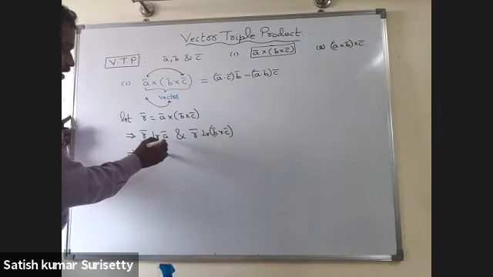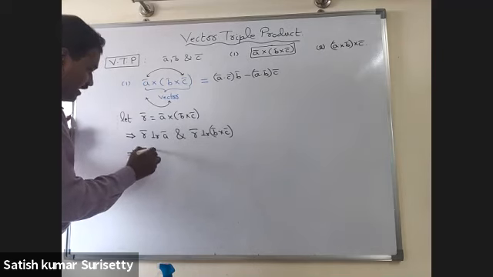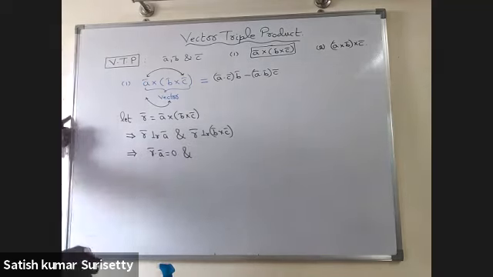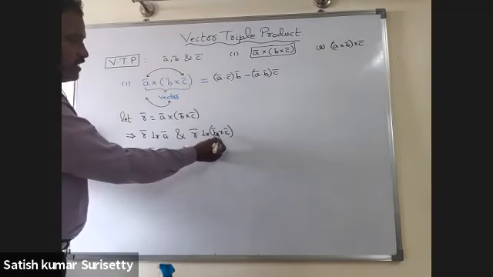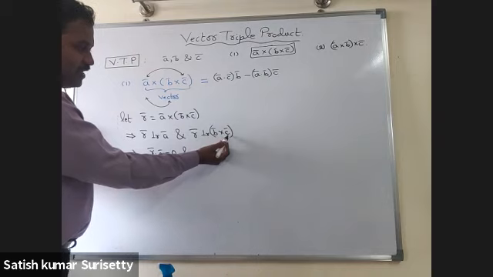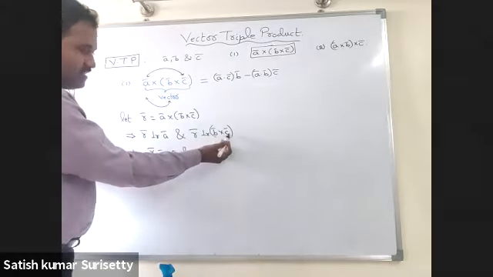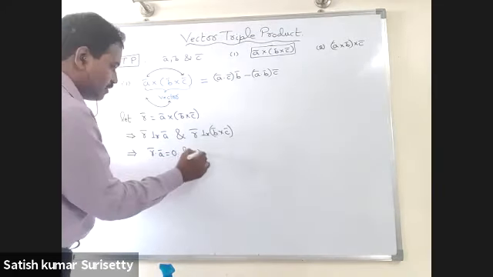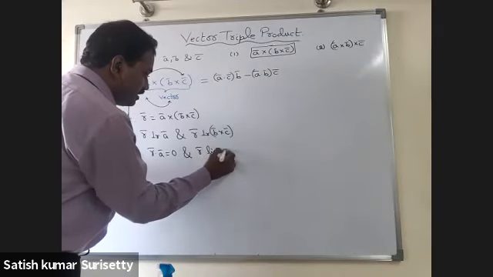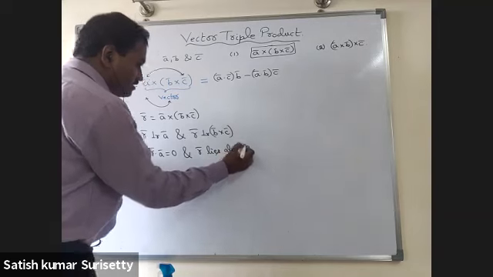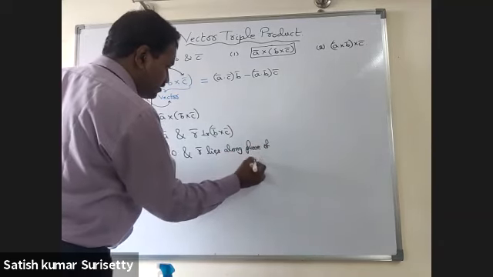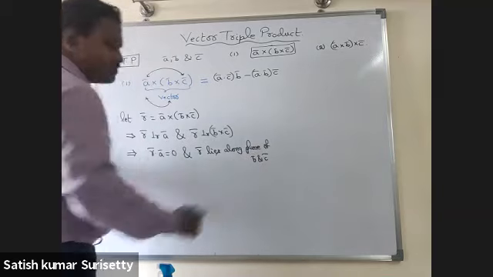When R bar is perpendicular to A bar, the dot product will be what? 0. And when R bar is perpendicular to B cross C, and B cross C is again always perpendicular to B bar as well as C bar, hence R bar lies along the plane of the vectors B bar and C bar.